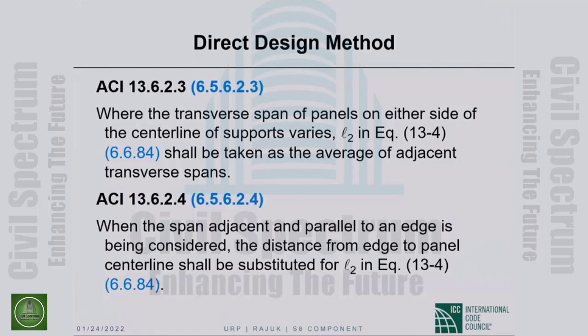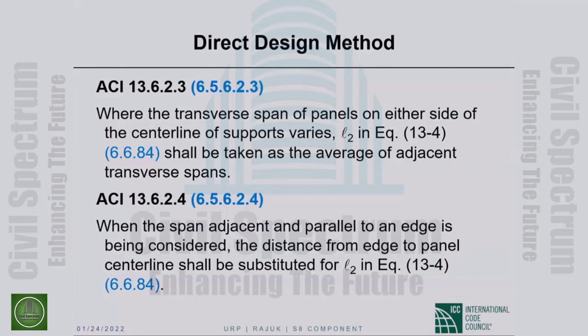These details, I was hesitating whether to read or not. Where the transfer span of panels on either side of the central line of supports varies, L sub 2 shall be taken as the average of adjacent transfer spans. I think that is understandable upon reading.